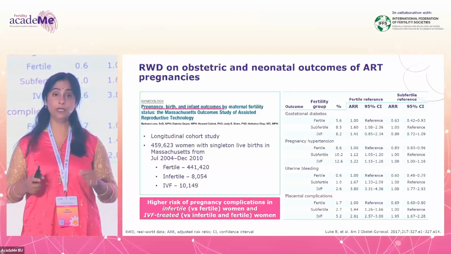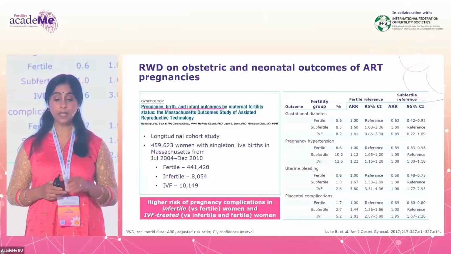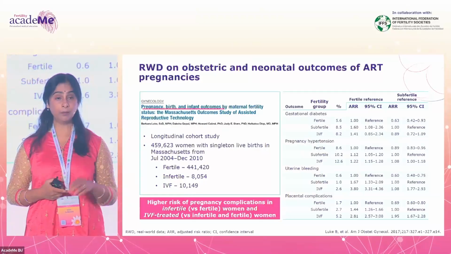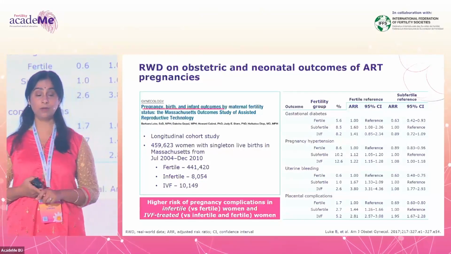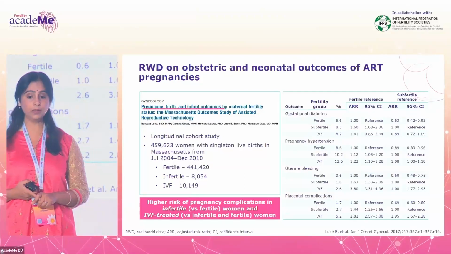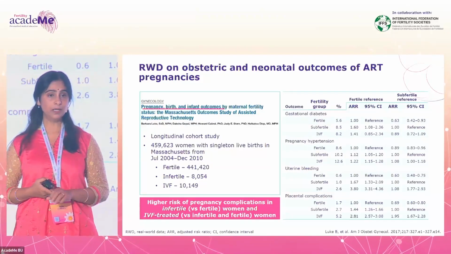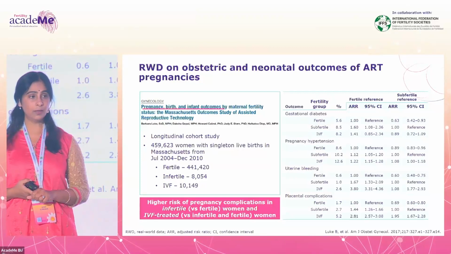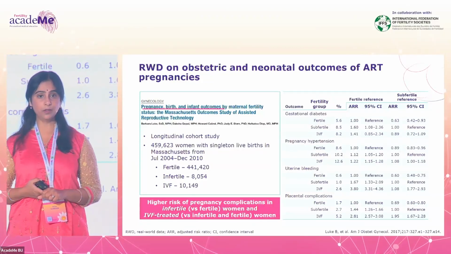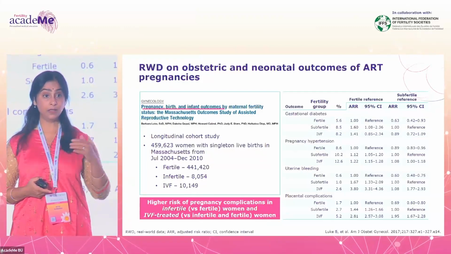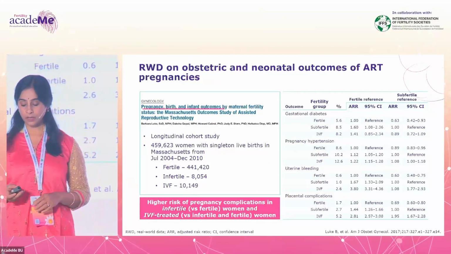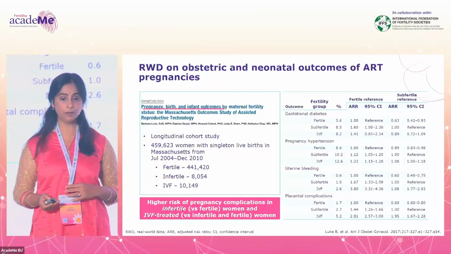So background infertility itself is a risk factor, and pregnancies following IVF have an even higher risk of pregnancy complications such as gestational diabetes and hypertensive disorders in pregnancy. So infertility itself is a risk factor, and IVF pregnancies have a higher risk of these complications in pregnancy.